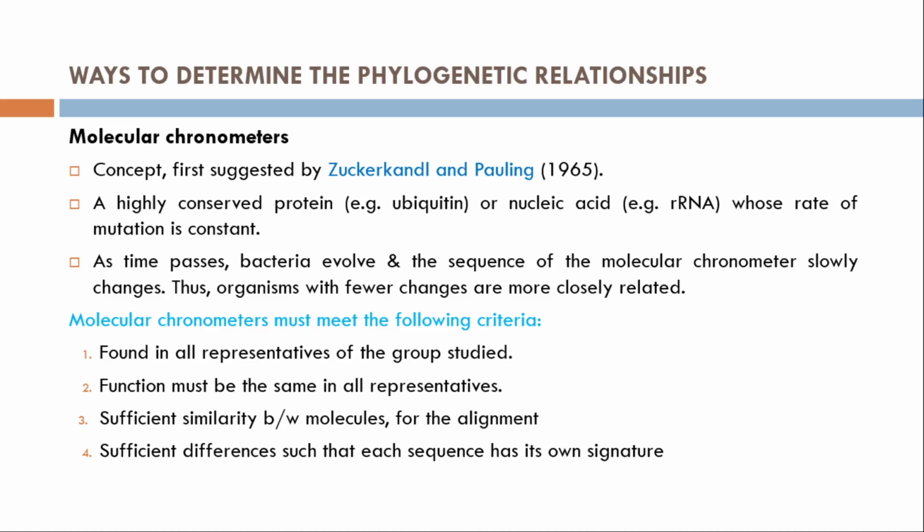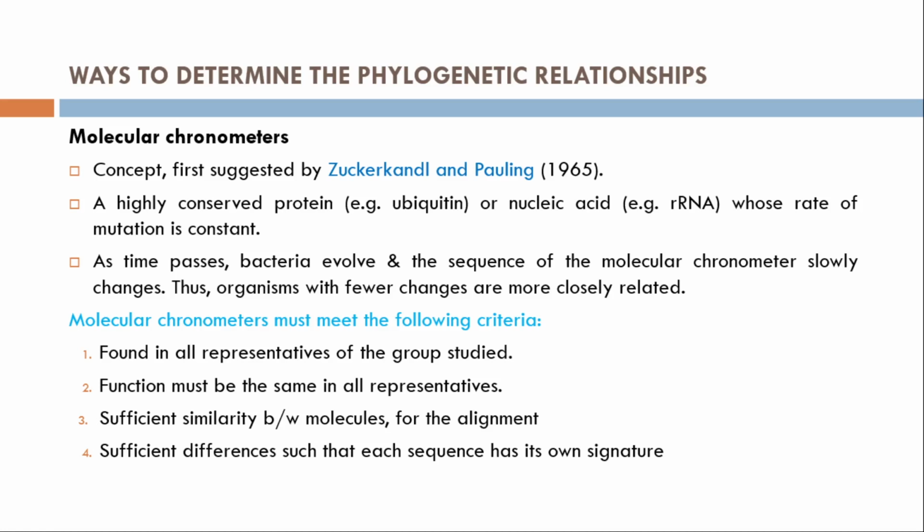The second condition to qualify as a molecular chronometer is that the function must be the same in all the representatives, meaning the function of that particular sequence should be conserved. Irrespective of the organism, the function should be the same.